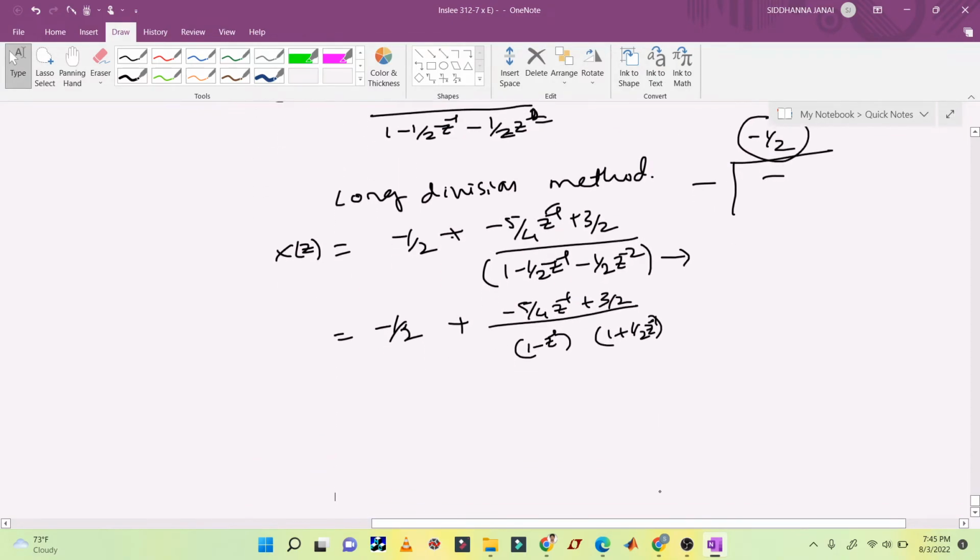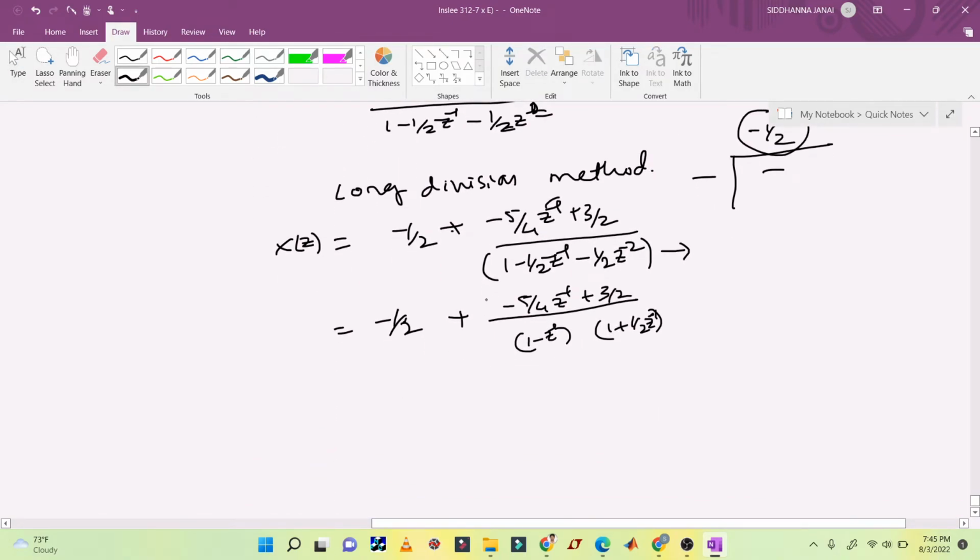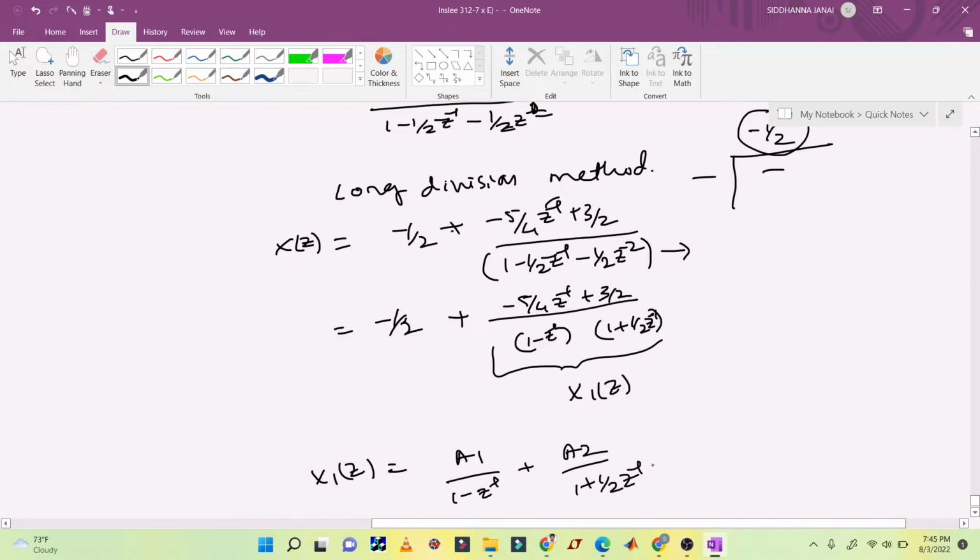So now you can apply the partial fractions for this one. This one we can consider as x1 of z. So x1 of z is equal to a1 divided by 1 minus z inverse plus a2 divided by 1 plus 1 by 2 z inverse.